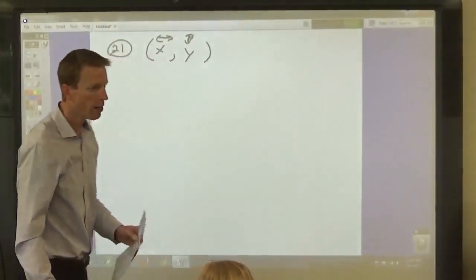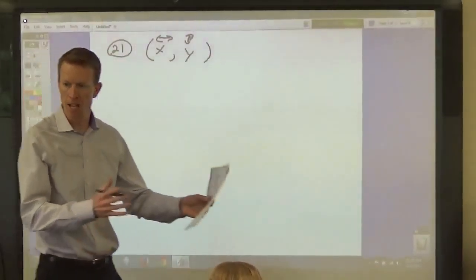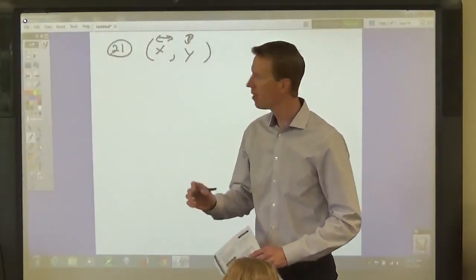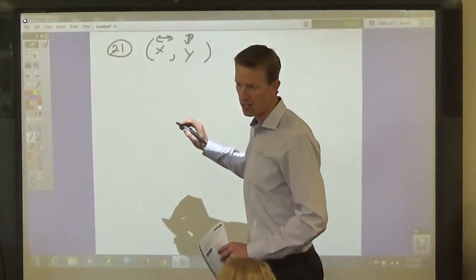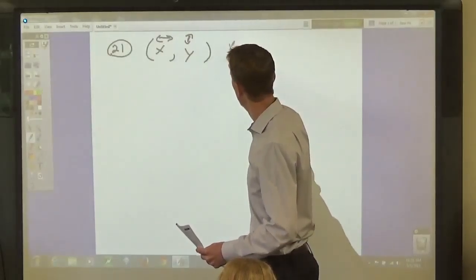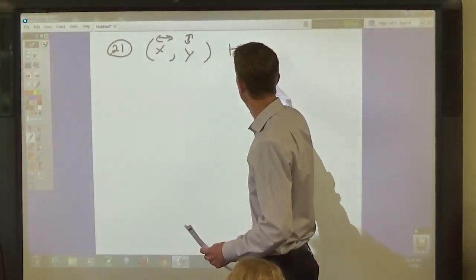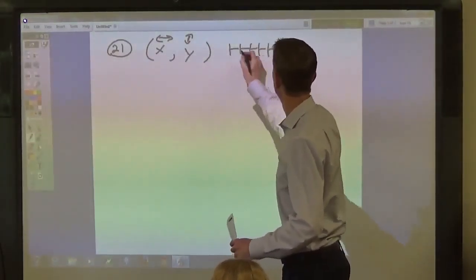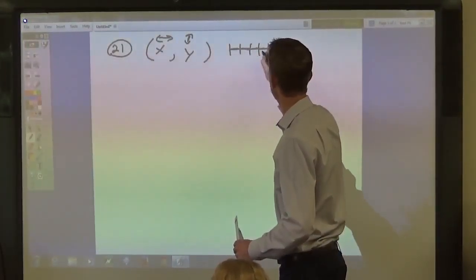Now, number 21 is another question about distance on the graph. And when you're counting distance, are you counting the lines or the spaces? Spaces. You're counting the spaces.